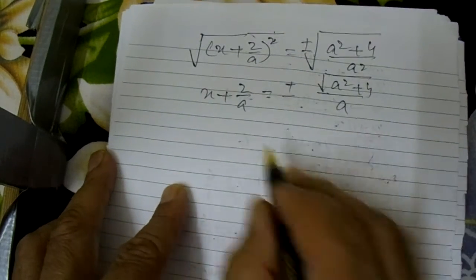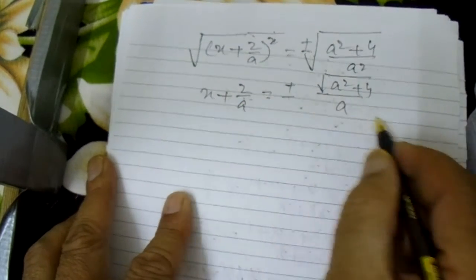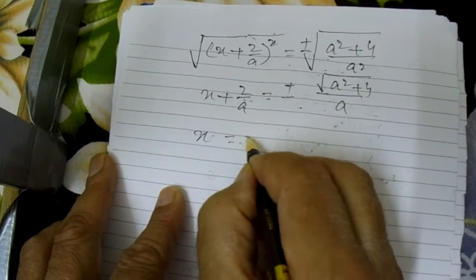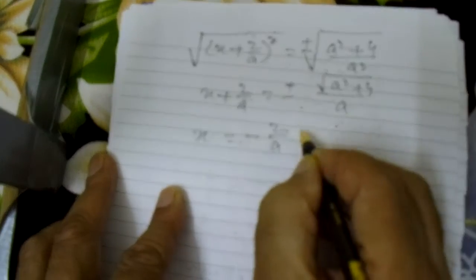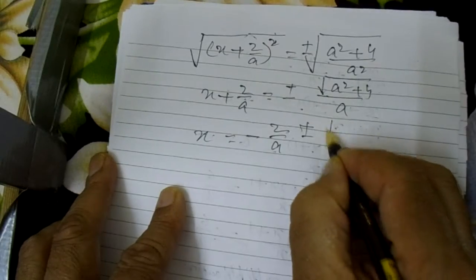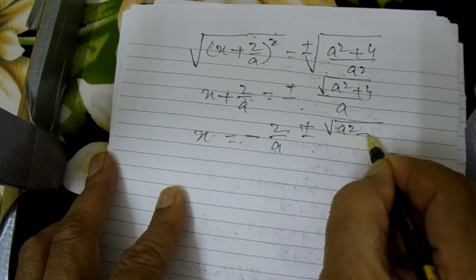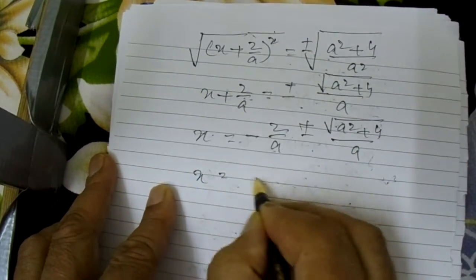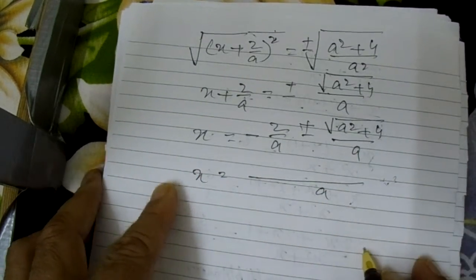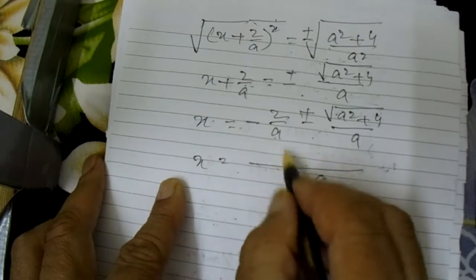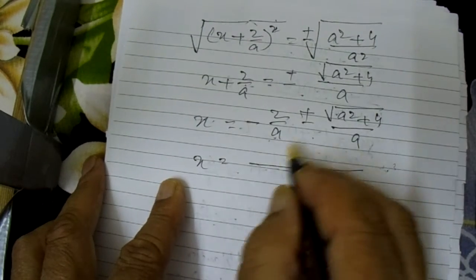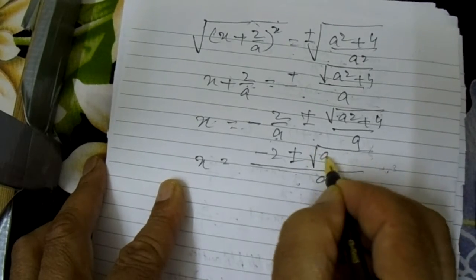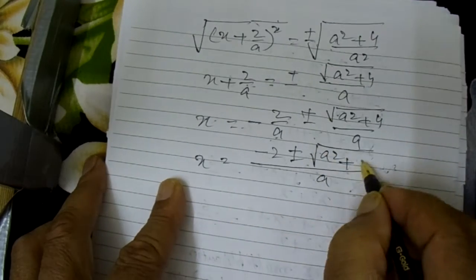Now the next step: this 2 over a will go to the right side, so x is equal to minus 2 over a, plus minus under root a square plus 4 over a. Or you take this a as the LCM and write the same: minus 2 plus minus under root a square plus 4.